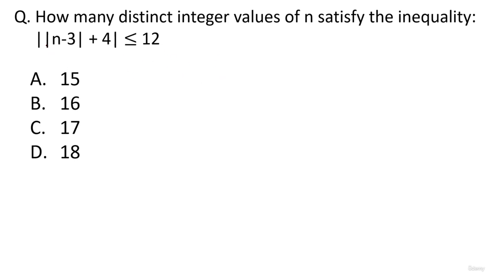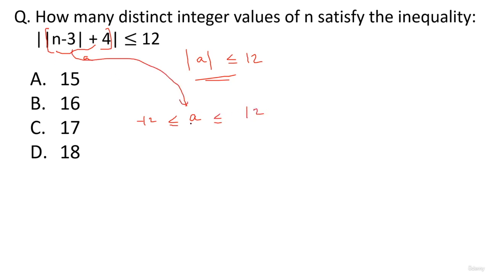So guys, let's ignore the inner mod first. Let's say there is a term a. So the first part of the question is mod of a should be less than equal to 12. We have studied this, guys. When this happens, a has to be greater than equal to minus 12 in this case, and less than plus 12. Now you replace this part, saying mod of n minus 3 plus 4 will be greater than minus 12 and it will be less than 12.